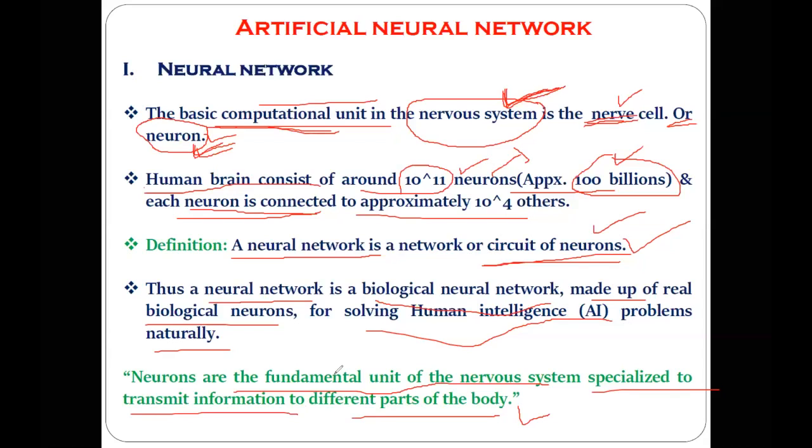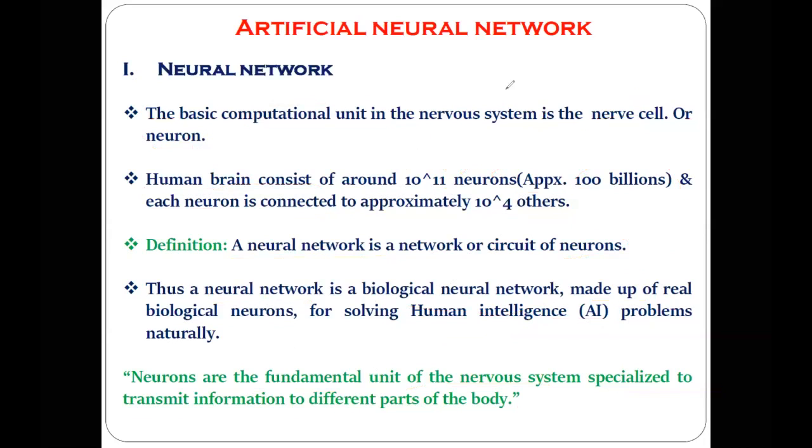The main function performed by these connected neurons is the transmission of information to different parts of the body and receiving information from different parts of the body. All of you must understand this clearly.